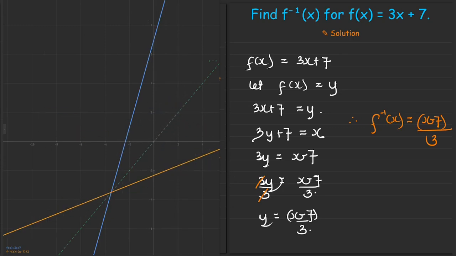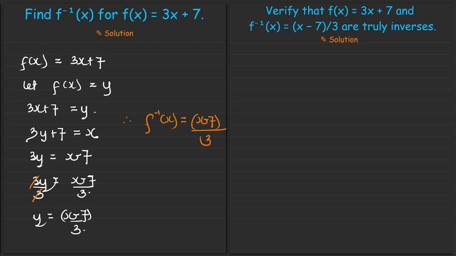Let's take another question. So in our second question, it says we have to verify that f of x equals 3x plus 7 and f inverse of x equals x minus 7 all over 3 are truly inverses.